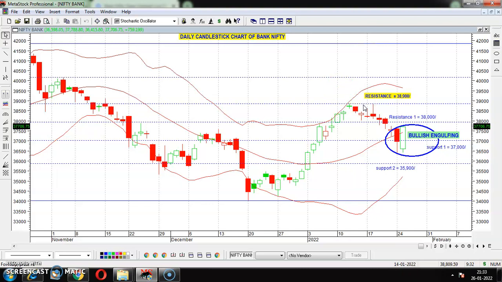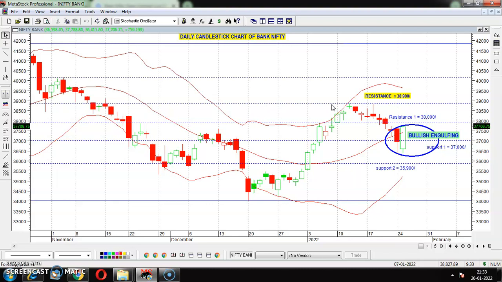So this is as far as the technical parameters are concerned. But if there are any negative global cues hovering around the US, such as a huge interest rate, the inflation rate of the US has already been very, very high. Now the Fed may go for a rate hike. If the rate hike happens, then we can see some selloff, particularly in Nasdaq and Dow Jones.